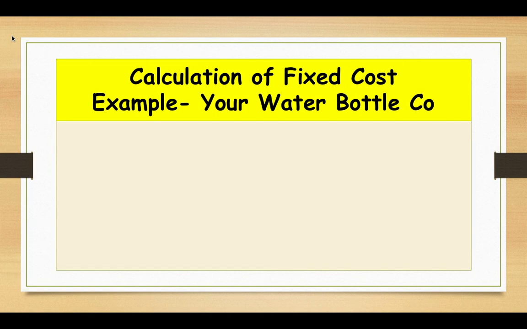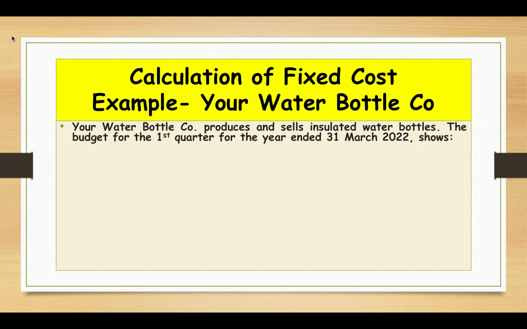We are going to see different types of examples. Another example here is to calculate the fixed cost. So the example's name is Your Water Bottle Company. Okay. So the question is, your water bottle company produces and sells insulated water bottles.